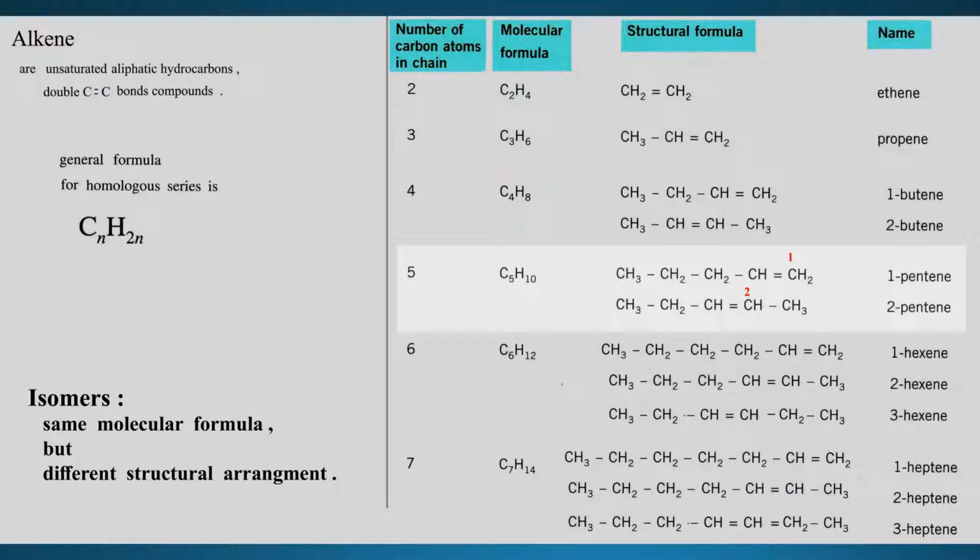Now go to 6. Now you have another 3 isomers: 1-hexene, 2-hexene, and 3-hexene. And 7 has even more isomers with different positioning 1, 2, and 3.